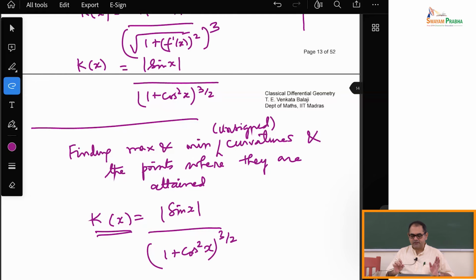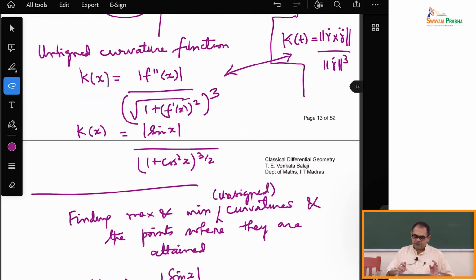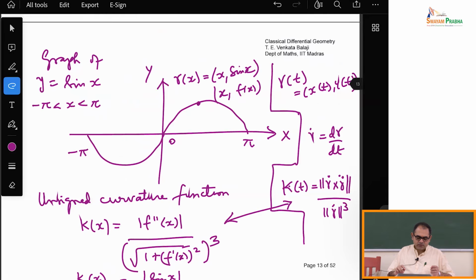You are only looking at the portion of the graph from minus pi to pi, an open interval. That means I am not including minus pi and plus pi, so you should forget those points; it's only in between.